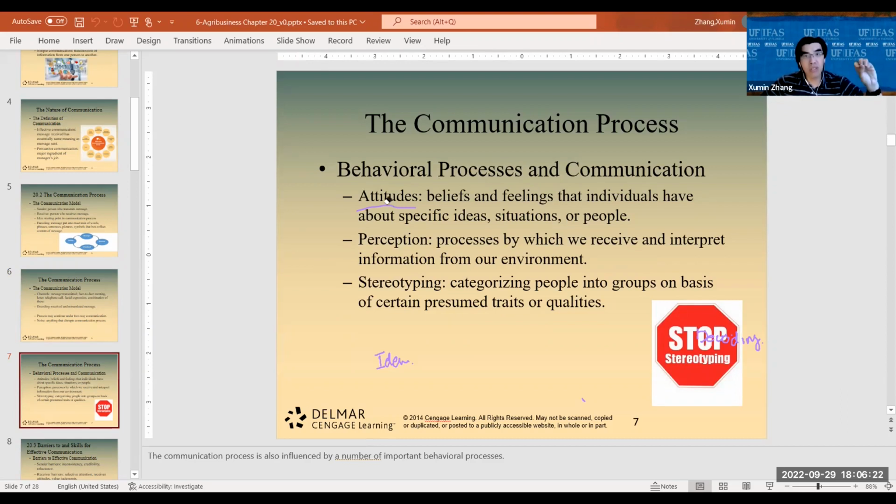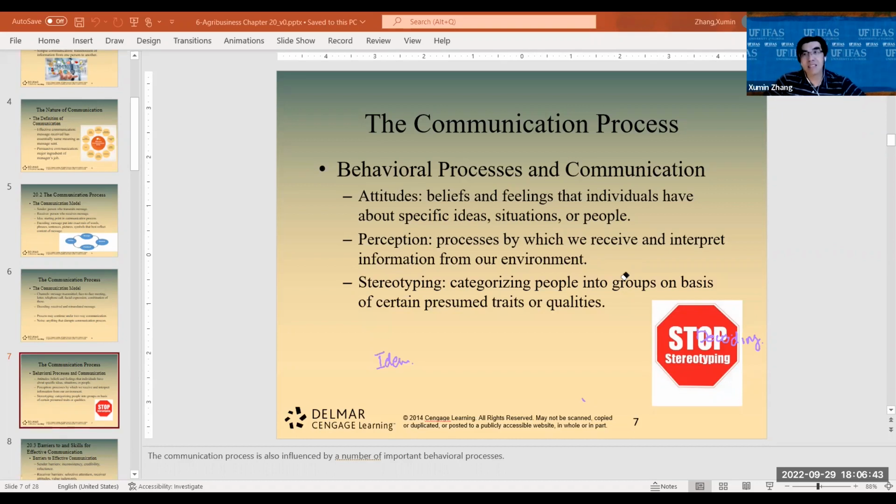Okay, we already mentioned something regarding this behavioral process, the influence on communication effectiveness. It's about how we have personality. Some people are very active listeners. That's good. But some people like me get distracted easily, right?